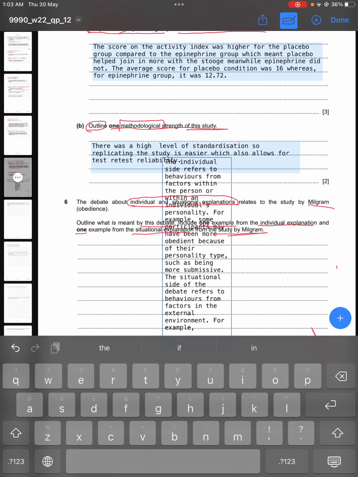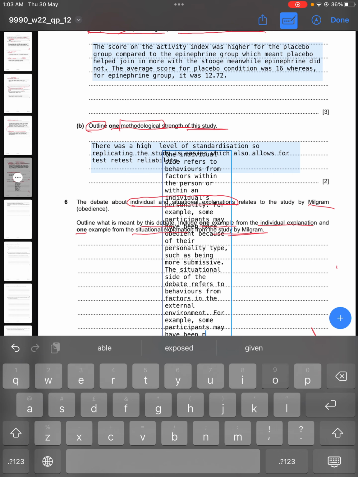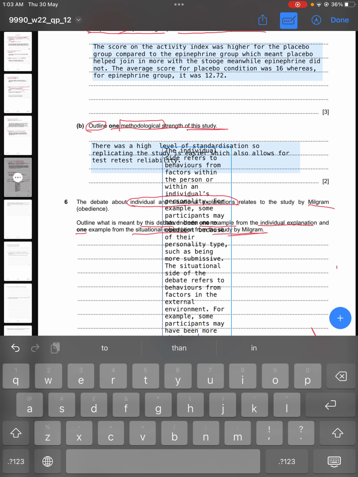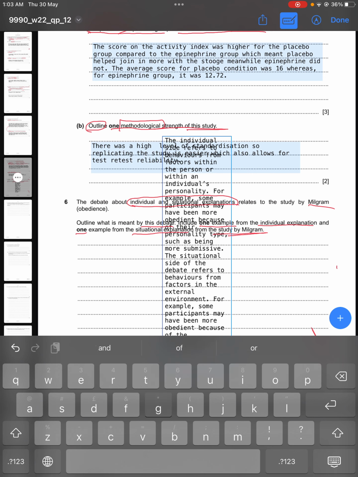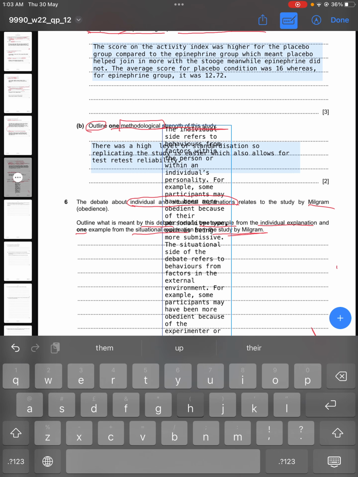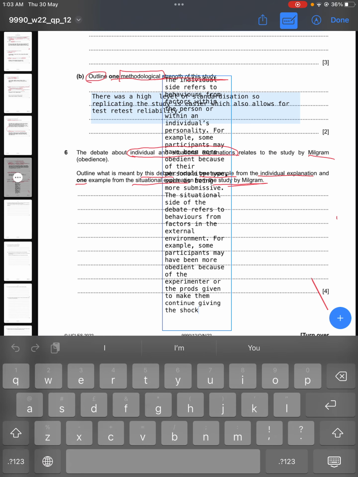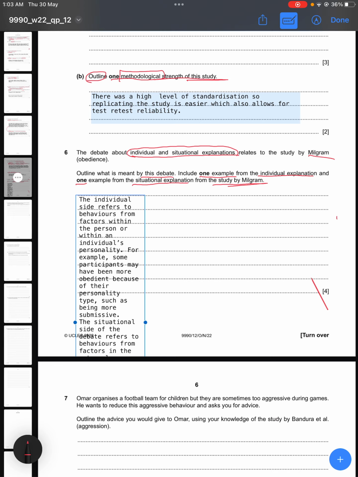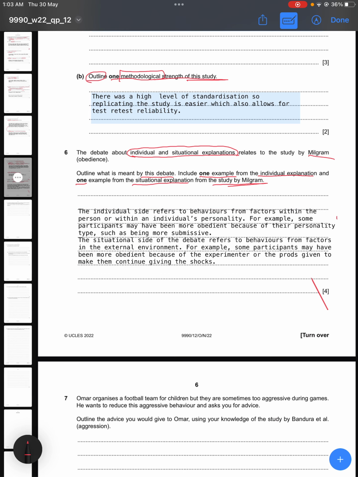For example, some participants may have been more obedient because of the experimenter or the prods given to make them continue giving the shocks. So this is how you are going to write the answer for this question.